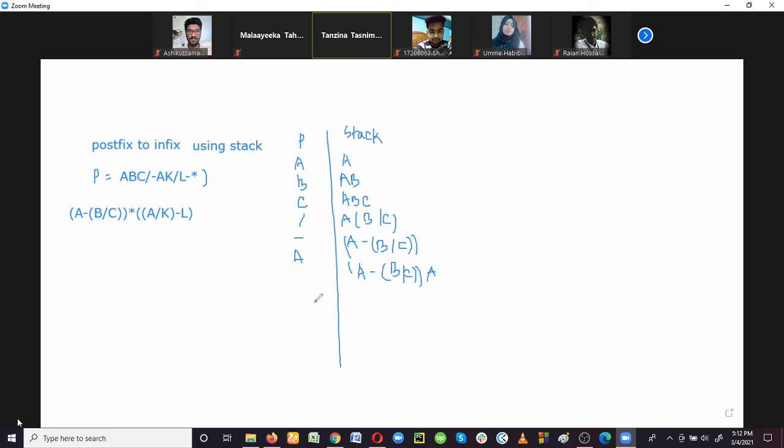And another operand, that is K. So where can we store it? After A. And then the next one is an operator. Now this operator will be placed between the topmost two elements, that is A and K. So here we can write A division K. Okay, and then the next one is L. So we got another operand, that is L.